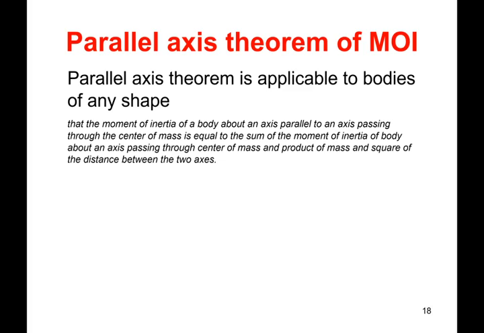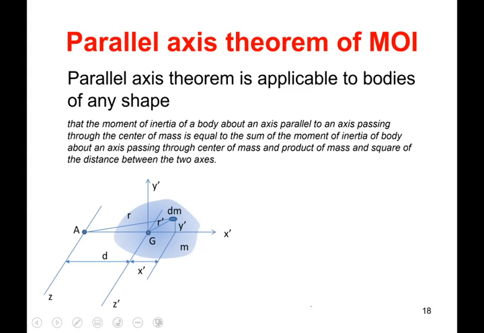One of these axes is parallel to an axis passing through the center of mass, is equal to the sum of the moment of inertia of the body about an axis passing through the center of mass and the product of the mass and the square of the distance between the two axes.